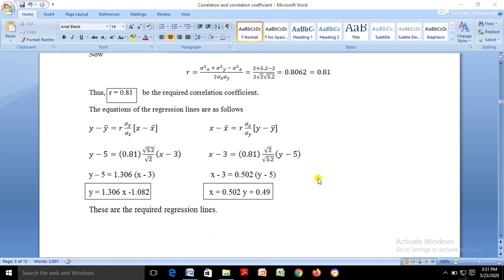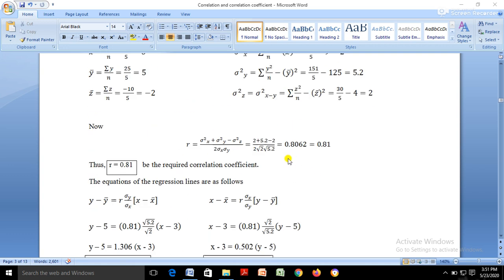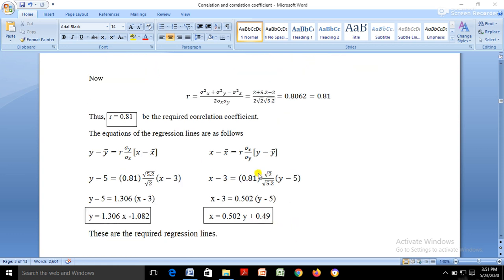Then y minus y bar value is 5. Then on simplification we get x minus 3 equal to 0.502 into y minus 5. So take 3 this side and simplify, we get x equal to 0.502 into y plus 0.49. So this is the regression line x on y.